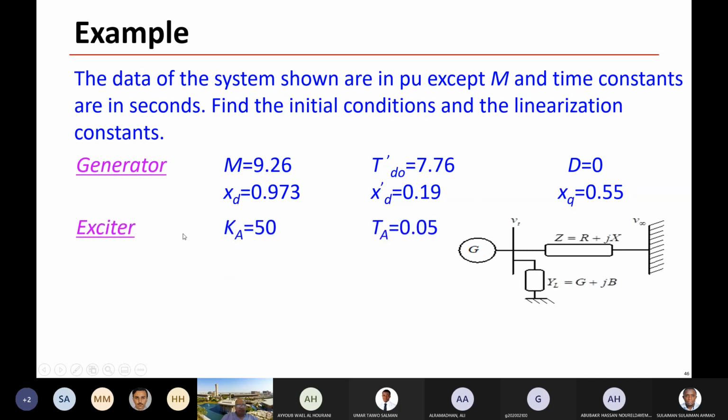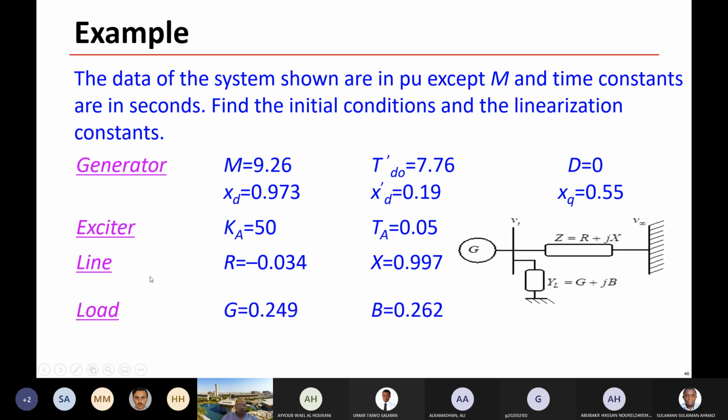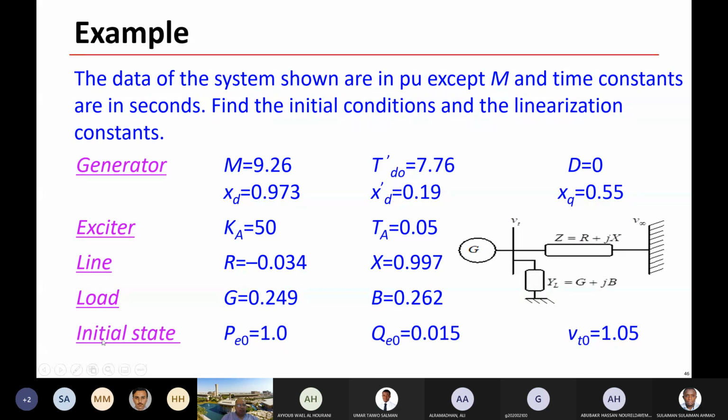You have the exciter, motor regulator, line impedance, load equal to this value. So you have load with these admittance parameters here. The initial state is defined as the electrical power is given, the reactive power is given, and the terminal voltage also is given.